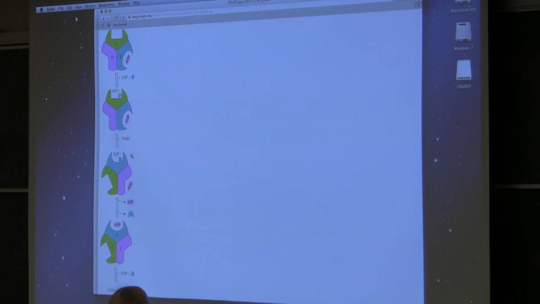It's already bound. So if I've made an ATP, the next one should be ready to make an ATP when I turn this direction, right? So this guy over here must be ready, sitting there with ADP and phosphate, so that it can make ATP. You with me? This one just came from this one over here, and what it did was it finished making an ATP. And now it's gone to this one.